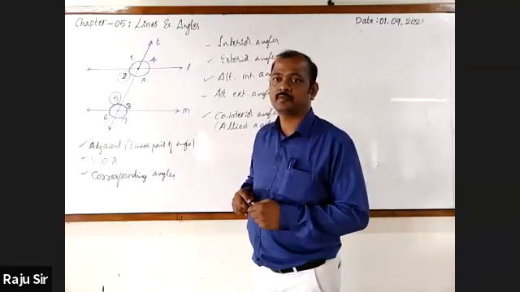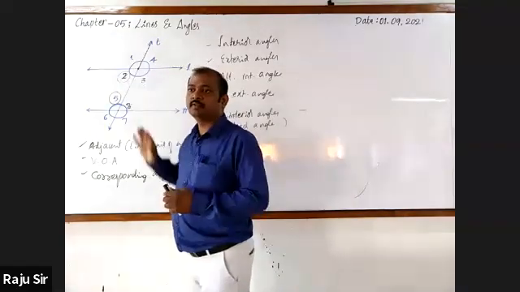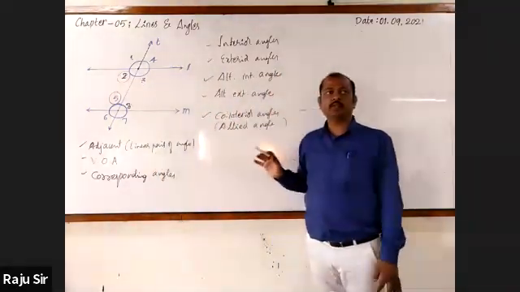Linear pair of angles, their sum is 180. Followed? So these are the different types of angles.